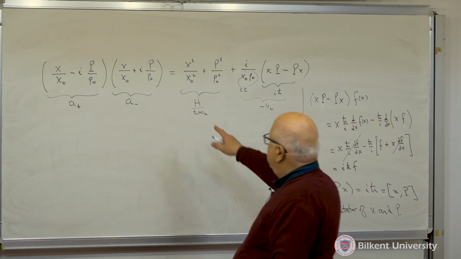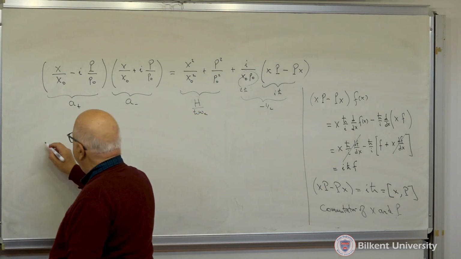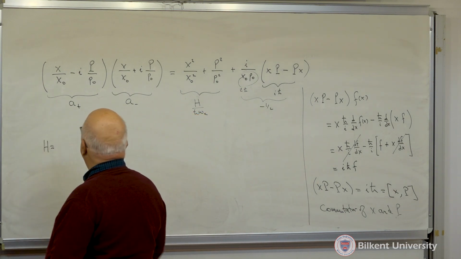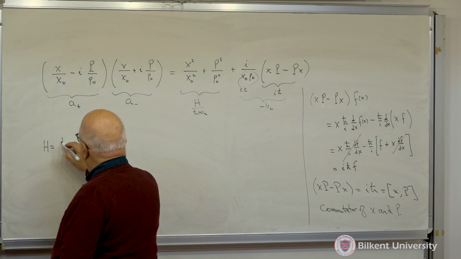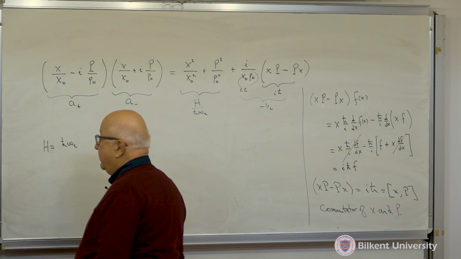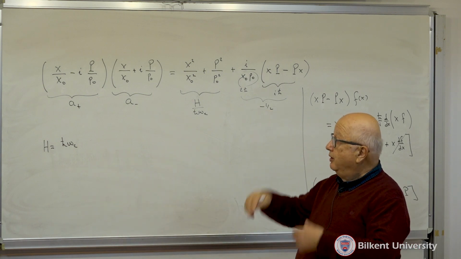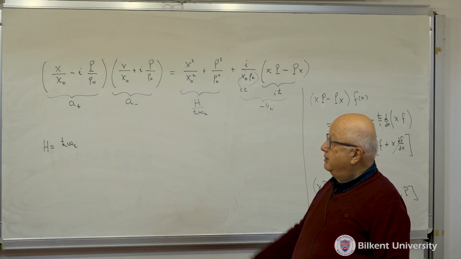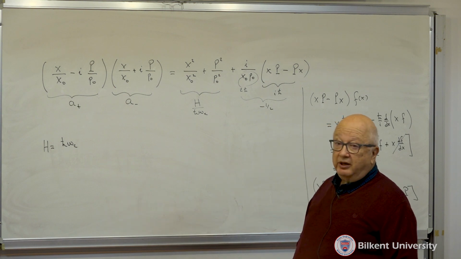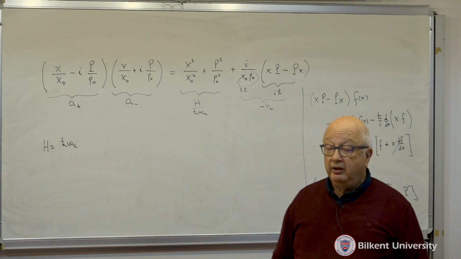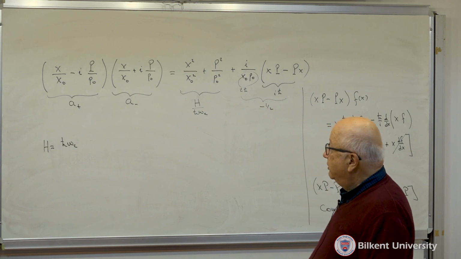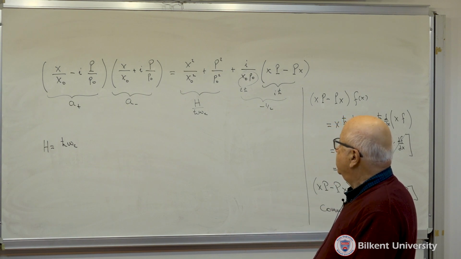So what does that give me? H is equal to, everything will be multiplied by h bar omega c. So everything is proportional to h bar omega c. So although we just started this out as a mechanism to get a unitless Hamiltonian, it turned out that everything is proportional to it.